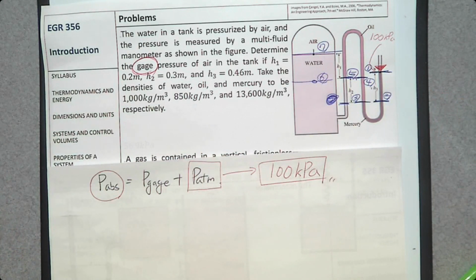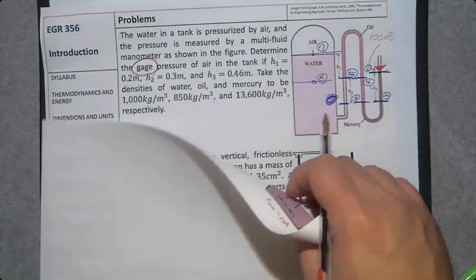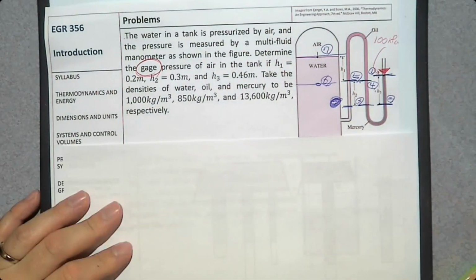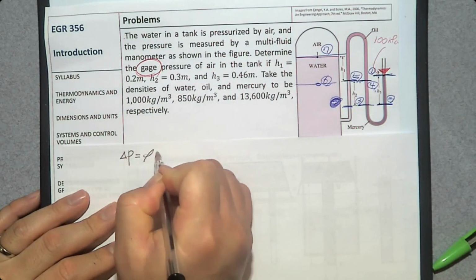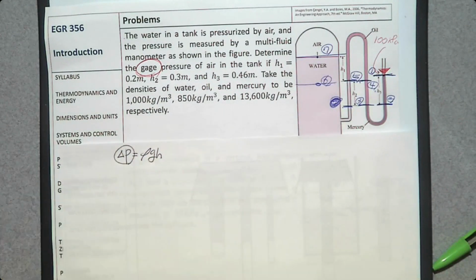P2. If you want to determine P2, we can apply delta P = rho g H. What kind of delta P? Between P1 and P2. We know P2 is greater than P1, right? So delta P should be P2 minus P1.